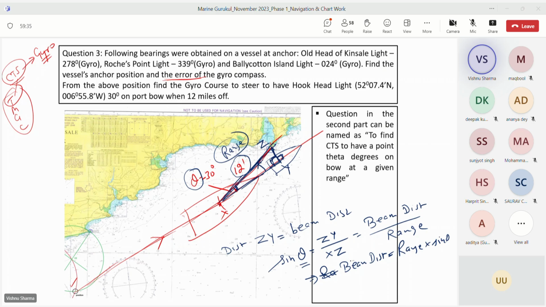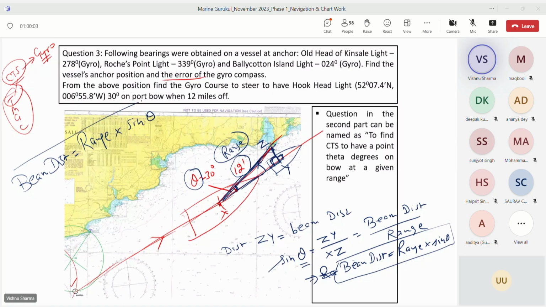So we will use the range and the theta to get the beam distance. Guys, please take down this formula for such questions: beam distance equals range times sine theta. Is that clear?